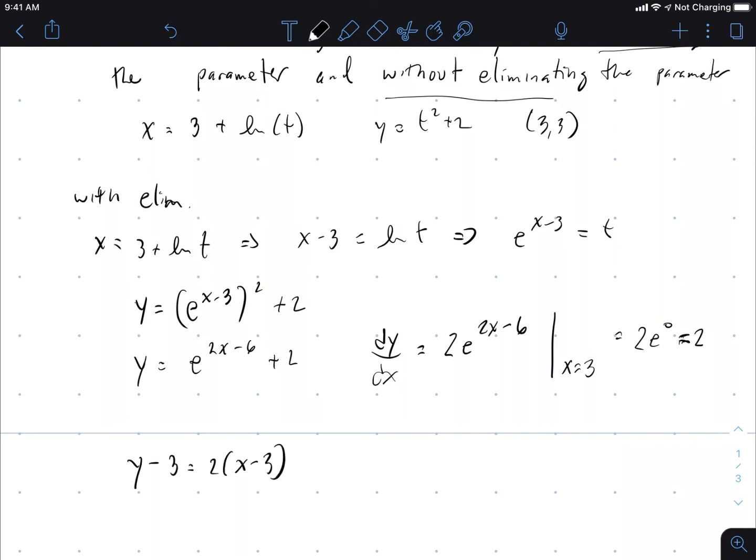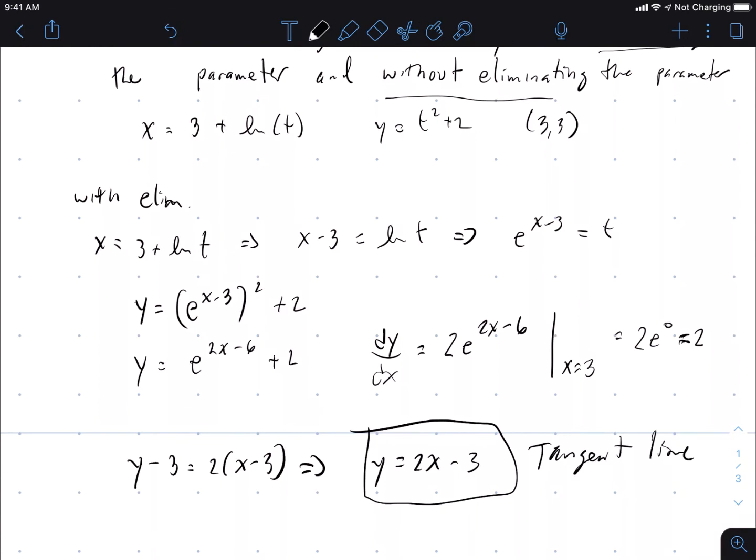But WebAssign's picky, so we're going to have to solve that out for slope-intercept form. So we should get y is equal to 2x minus 6 plus 3, which is a minus 3. And there's our equation. That is our tangent line. We okay?